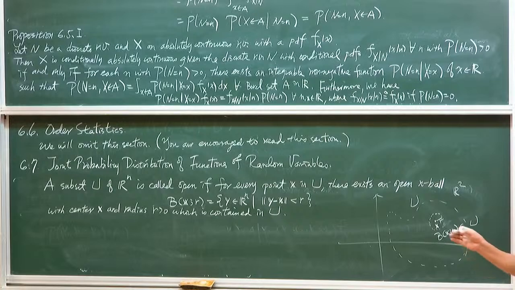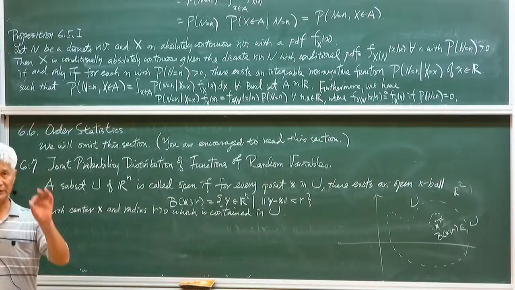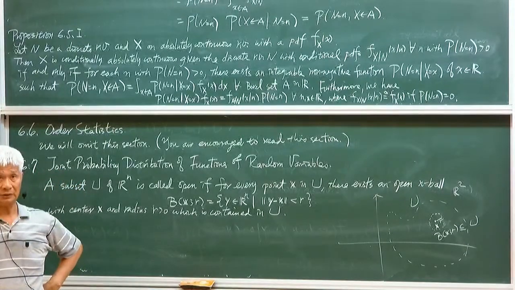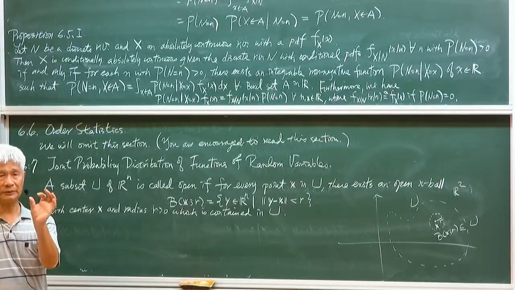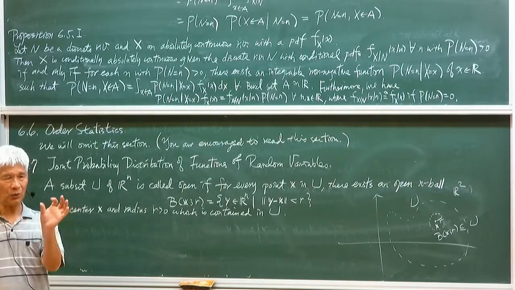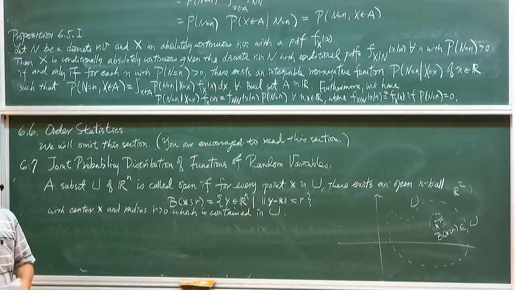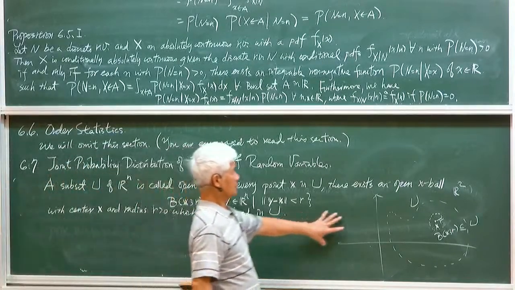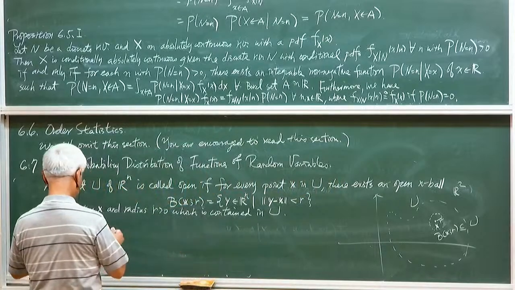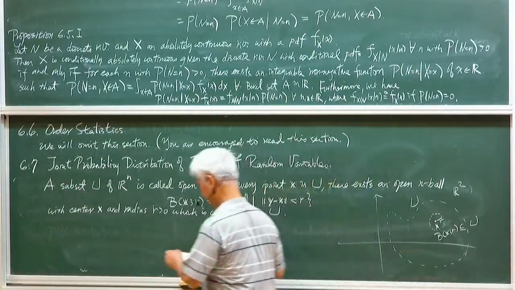A subset of the real line is an open set if for each point we can find a very small open interval with center x, such that the whole open interval is contained in the set. So this is called the open ball.